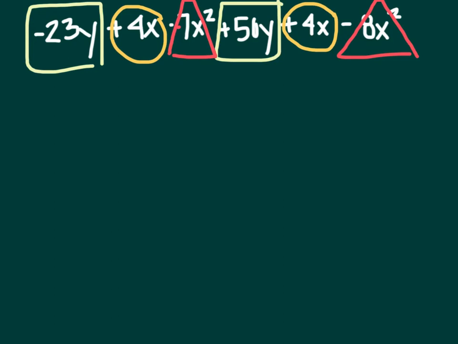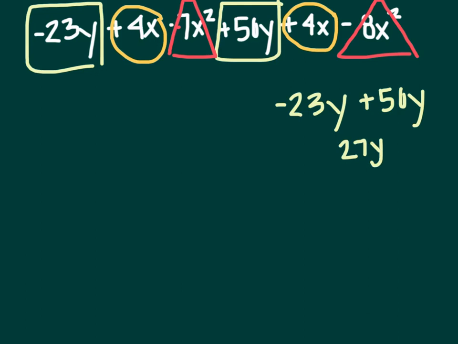Now I'll start combining. Negative 23y combines with positive 50y, and 50 minus 23 will give me 27. Move on to my orange terms. Positive 4x plus 4x will give me 8x.